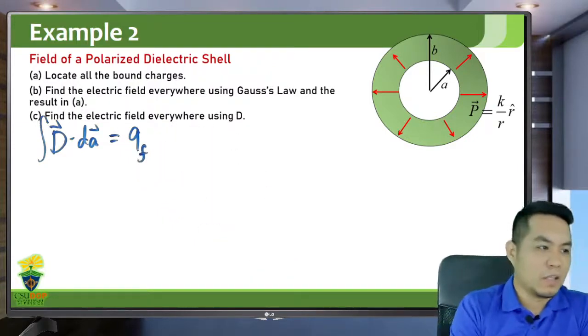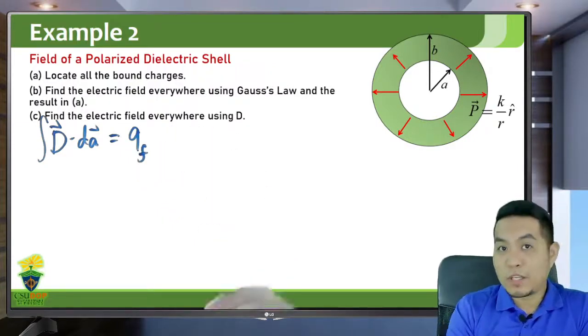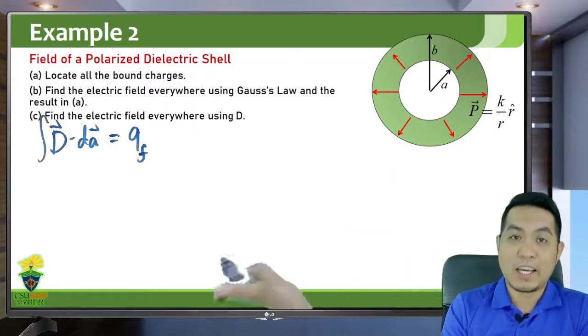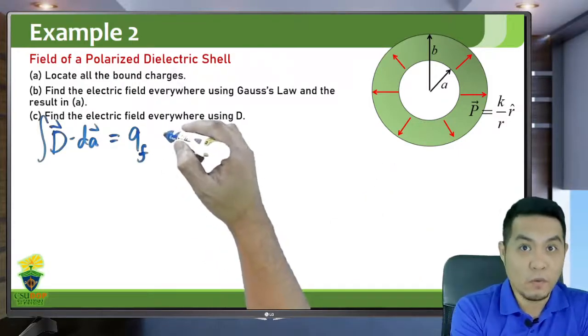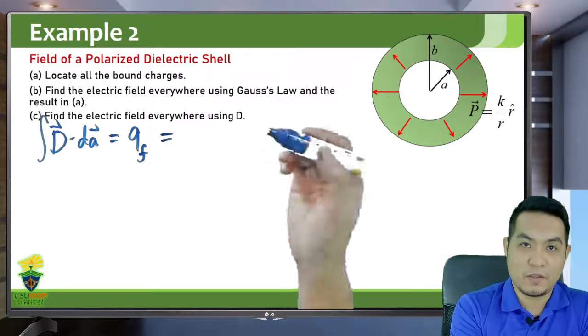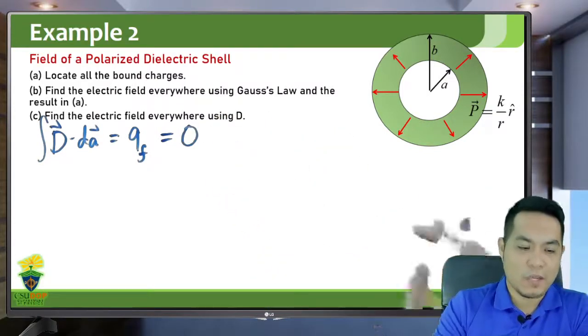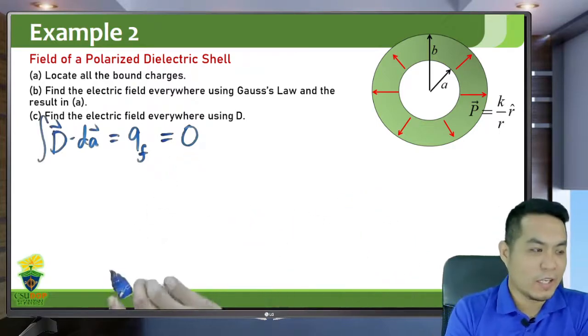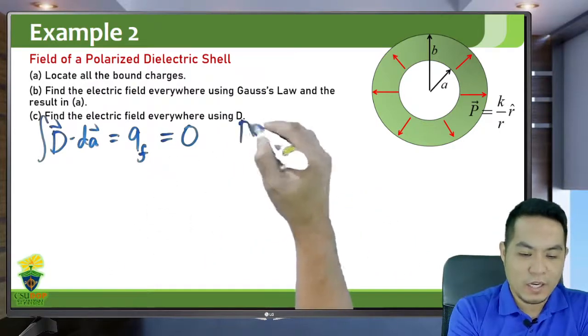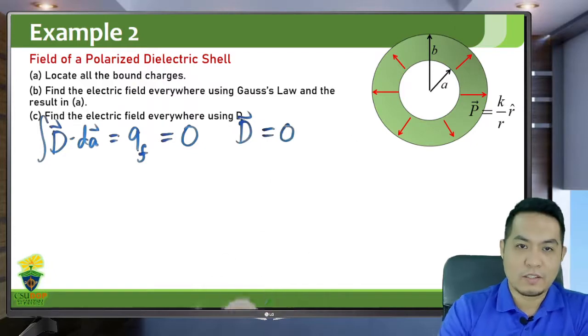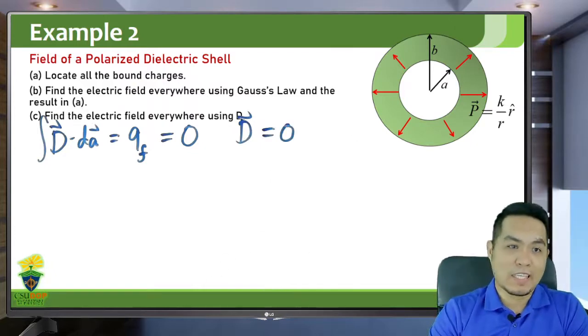Now, in this case, we don't have conductors here. This is a dielectric shell, meaning there are no free charges, because only conductors have free charges. So in this case, the electric displacement D is 0.